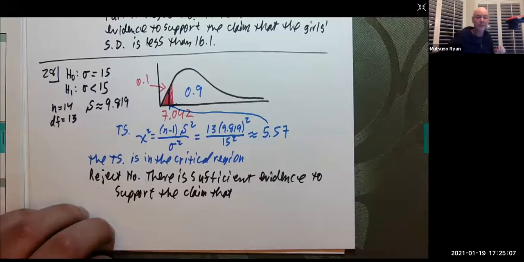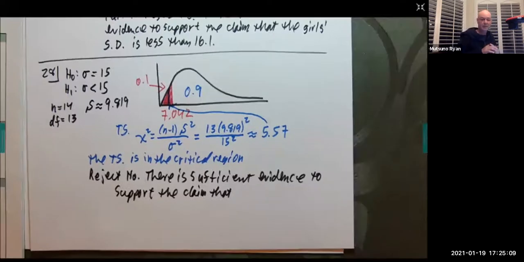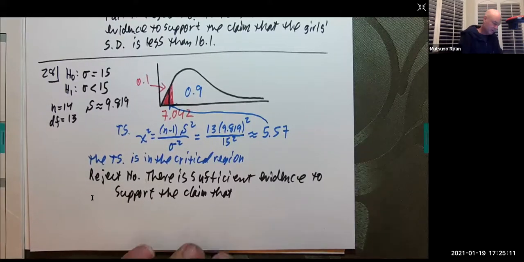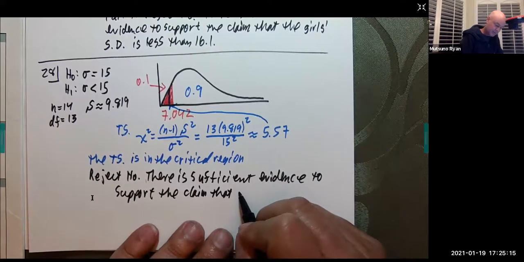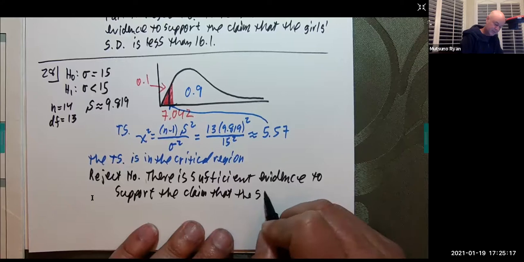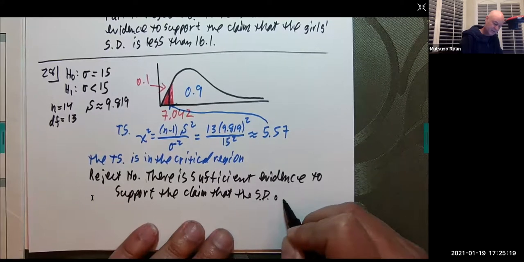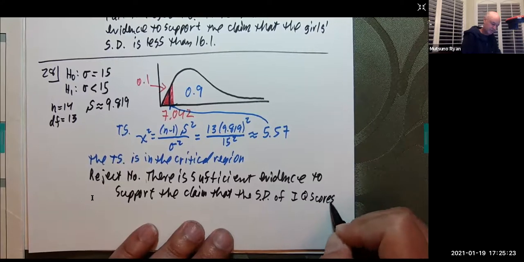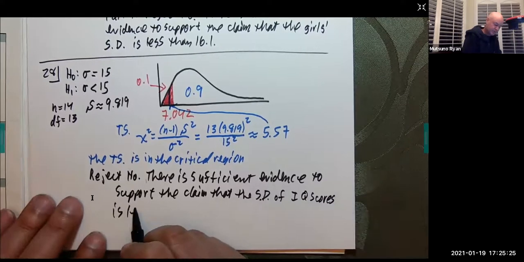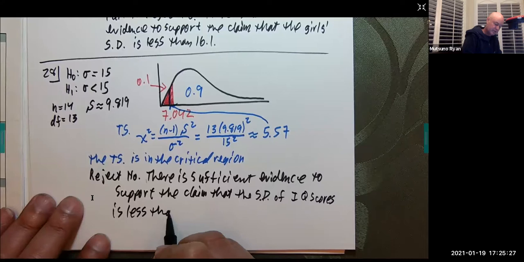These are IQ scores. That the standard deviation of IQ scores is less than 15.